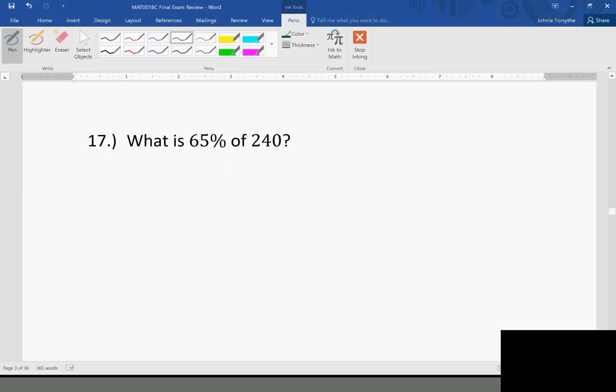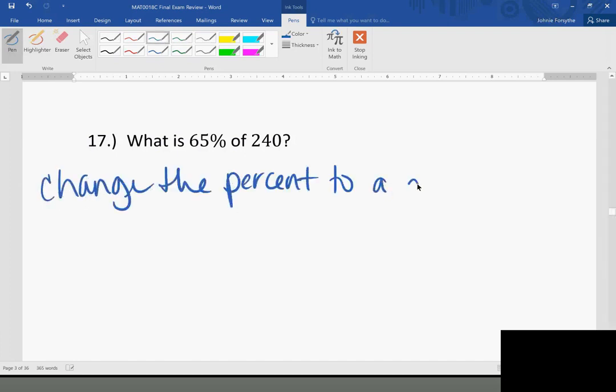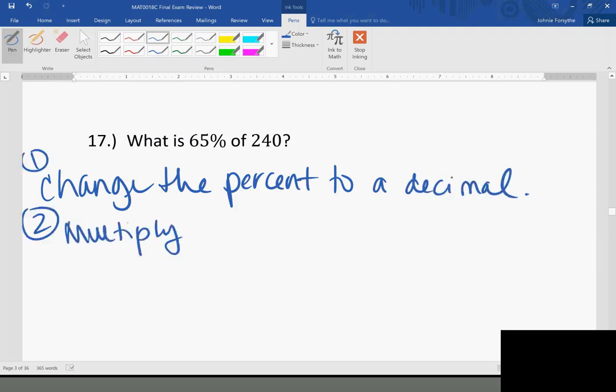Okay, 17. What is 65% of 240? So to find the percent of a number, you want to first change the percent to a decimal, and then you're going to multiply the decimal with the number.